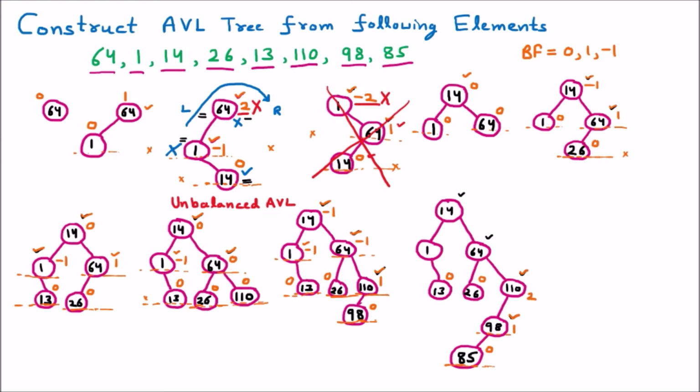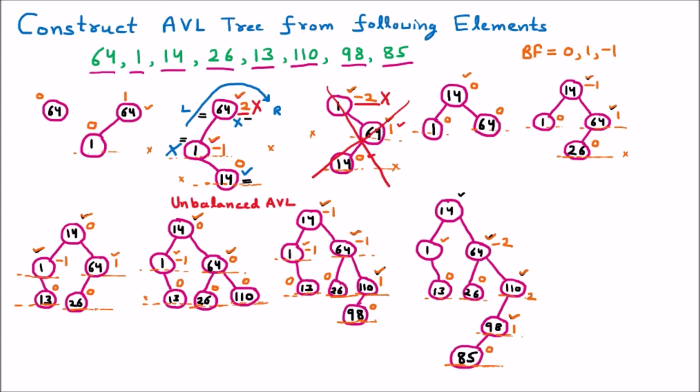Now talking about node 64 here, on the left we are having one level, on the right hand side we are having 1, 2 and 3, so 3 levels are there, so 1 minus 3 is minus 2. Now talking about node number 1, here on the left we are having nothing, on the right we are having only one level.